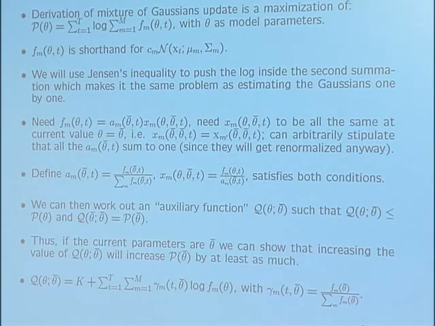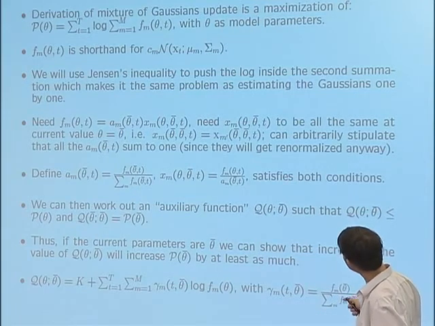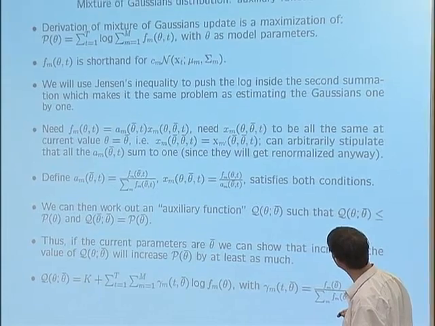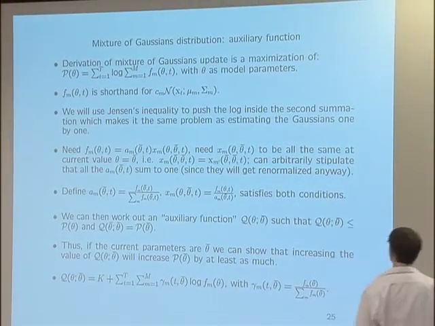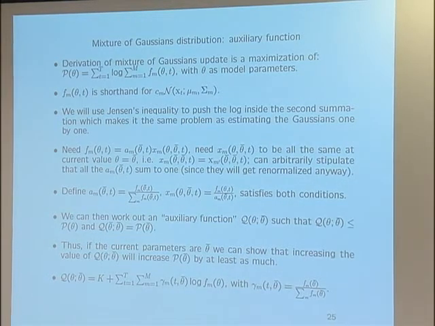And we use this inequality to manipulate the expressions in the log likelihood. Now, the probability of... Oh, this is wrong. I shouldn't have p of theta here. I think what I meant by that is I probably meant something like p of x given theta.